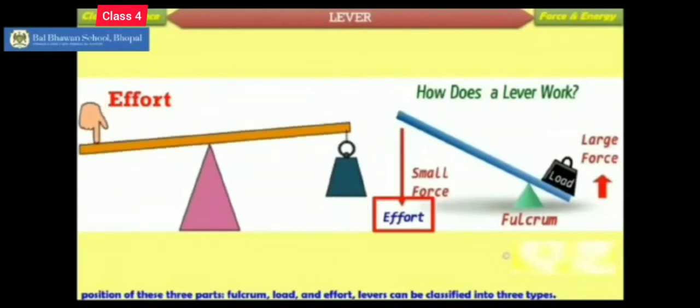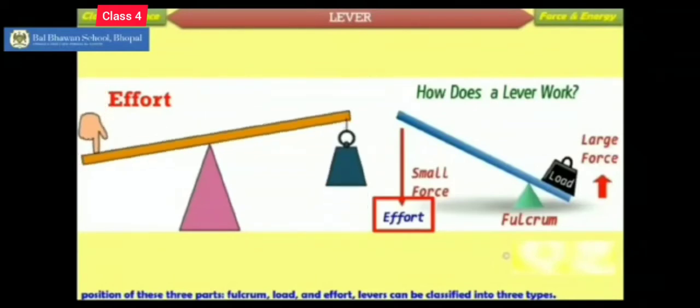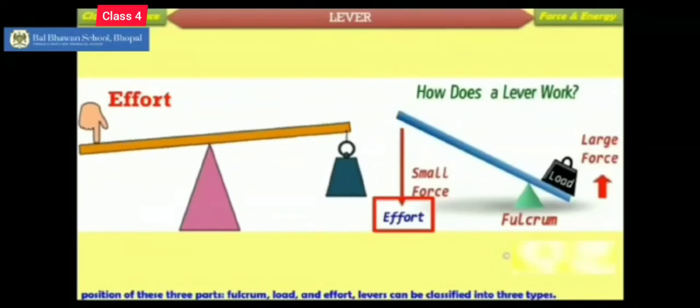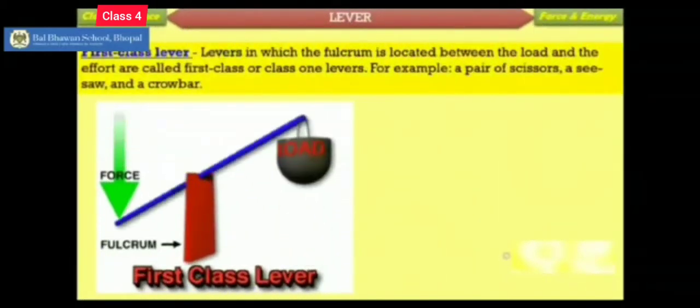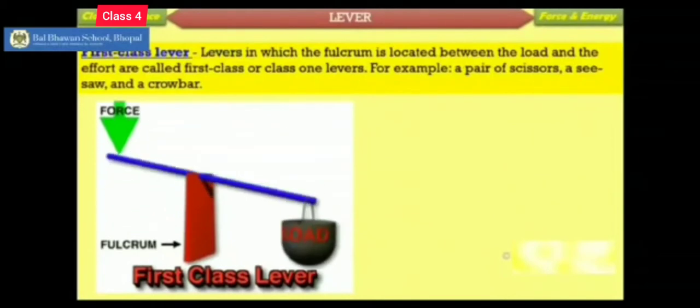Now, based on the position of these 3 parts, levers can be classified into 3 types. I hope you remember the names. Yes, the 3 types of levers are: first one is first class lever.